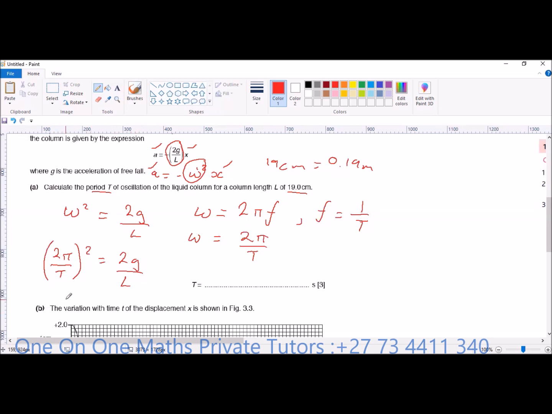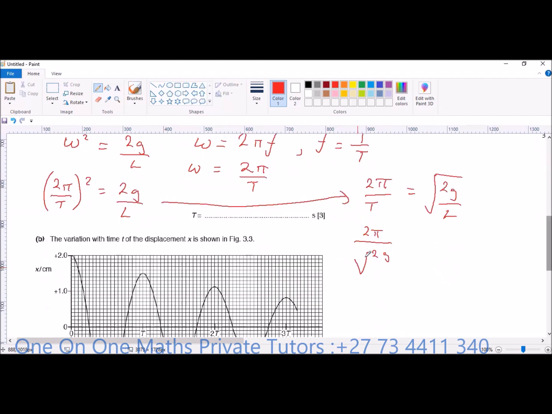Let's make T the subject of the formula. We can square root both sides: 2 pi over T is equal to the root of 2g over L. Cross multiply there: 2 pi over the root of 2g over L is equal to T. So know how to manipulate your equations to change the subject of the formula.